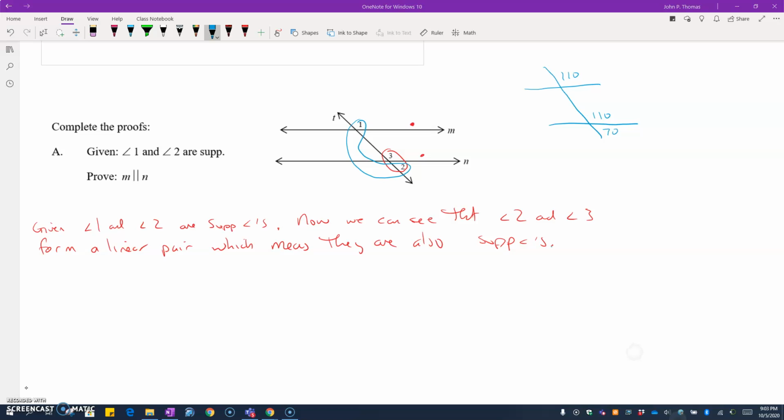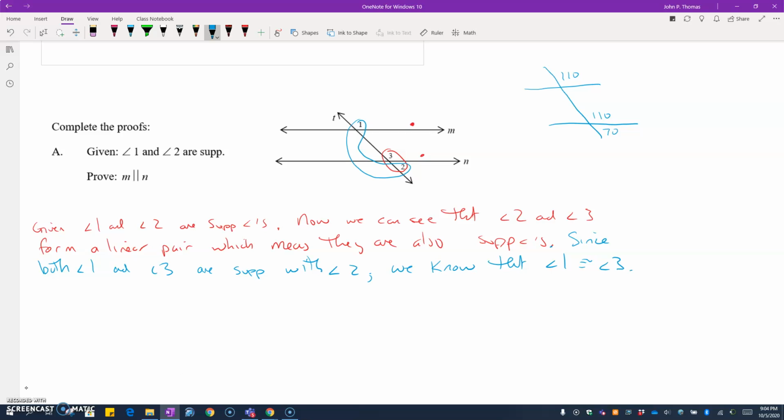All right, so at this point we can say, since both angle 1 and angle 3 are supplementary with angle 2, we know that angle 1 is congruent to angle 3.